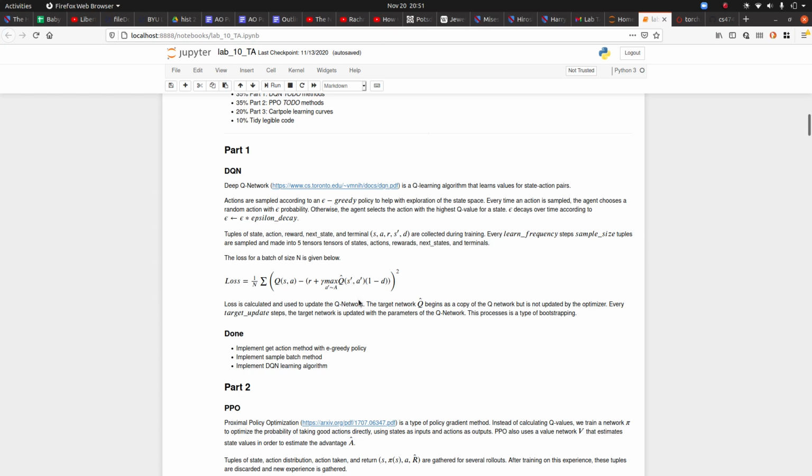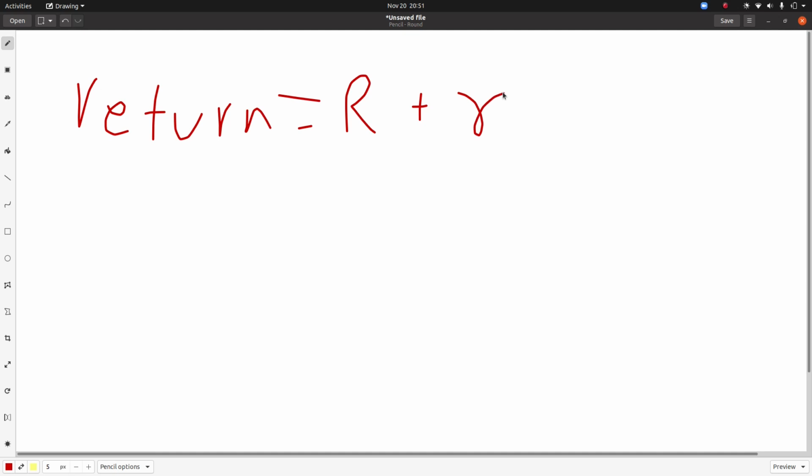And remember, the return on your investment is equal to your current reward plus gamma times your reward at the next time step, t plus 1, plus gamma squared at the next time step, so on and so forth, right?